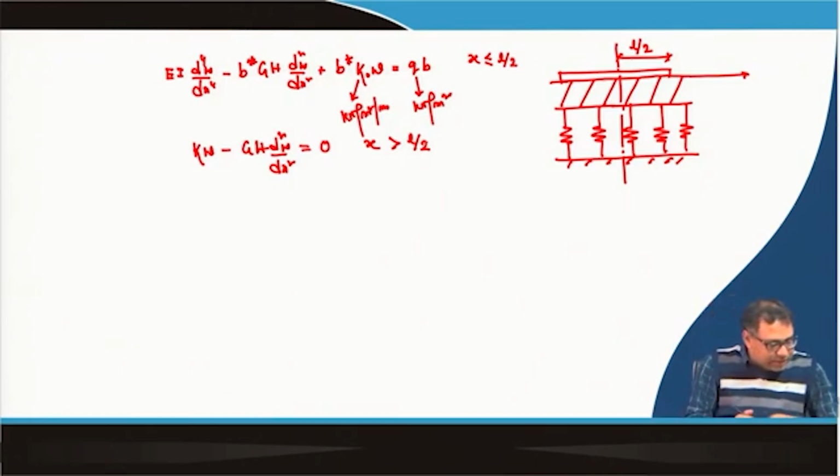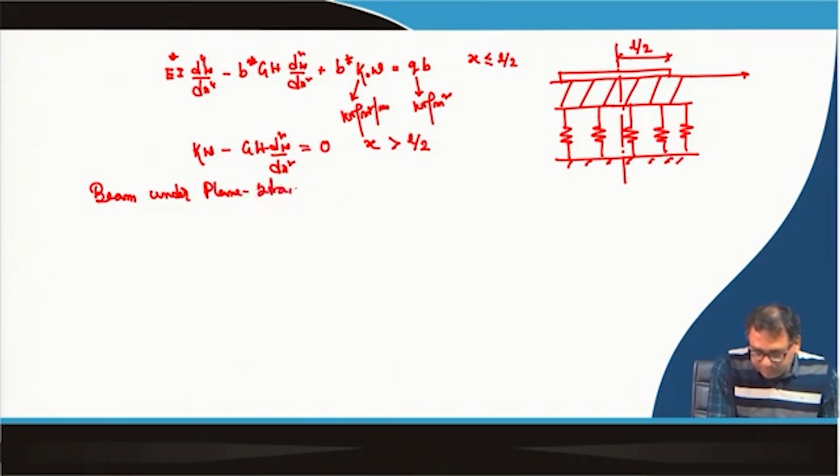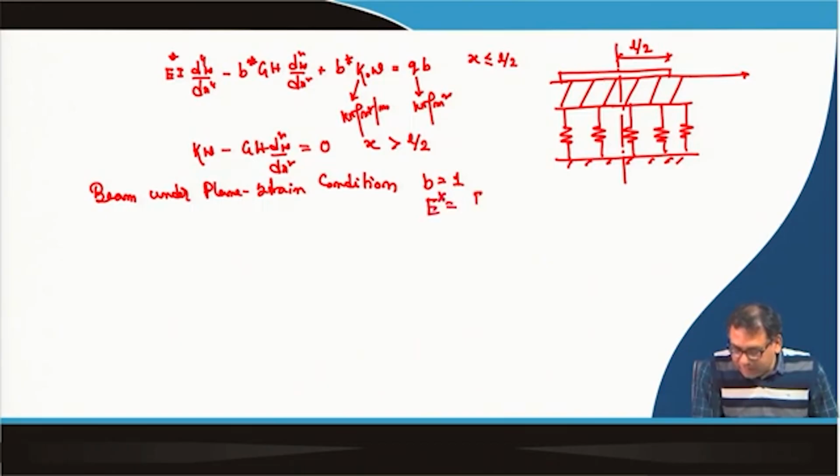And what are the boundary conditions? Here this is E star. The beam is under plane strain condition, so your b will be equal to 1 and E star is equal to E by 1 minus mu square.